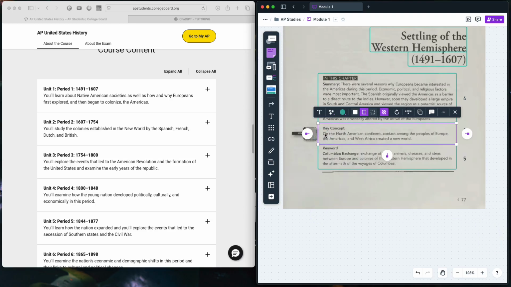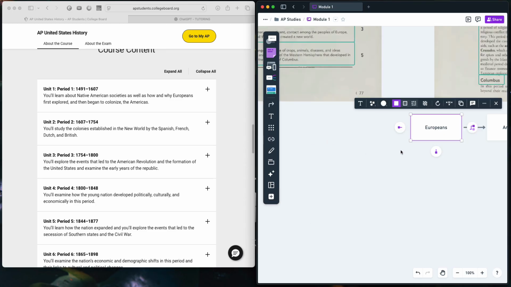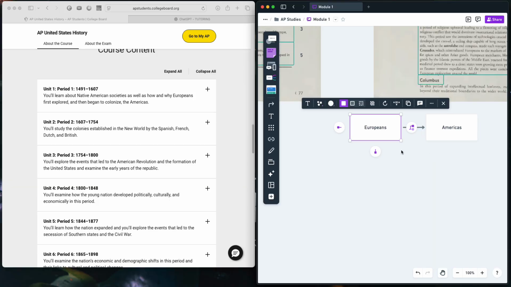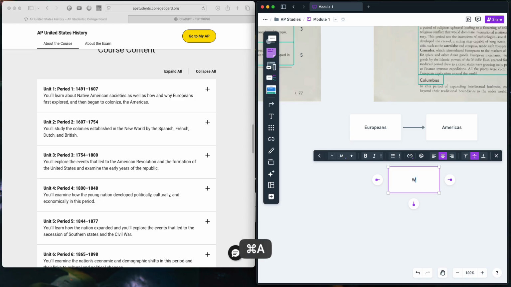Okay, key concept. Again, now we have another key concept. Okay, on the North American continent, contact among people of European Americans and West Africans created the New World. Okay, so the New World was what? This connection between Europeans, Americans, and West Africa. Okay, so I'm just going to put in West Africa because it seems pretty prevalent in what they're going to talk about.